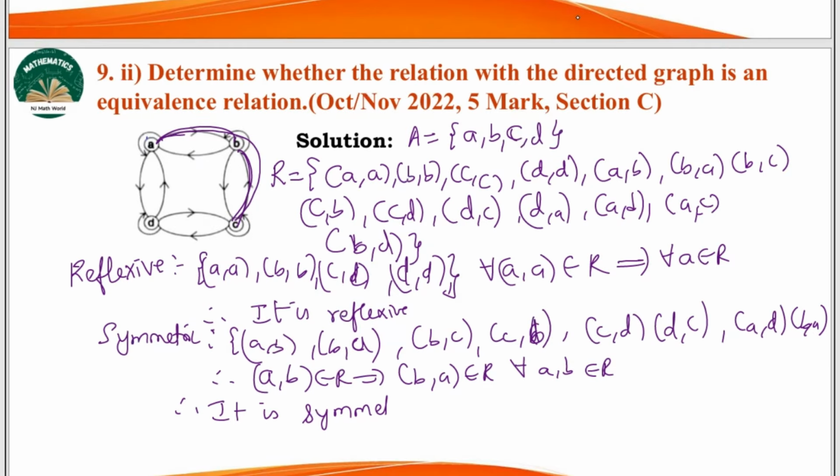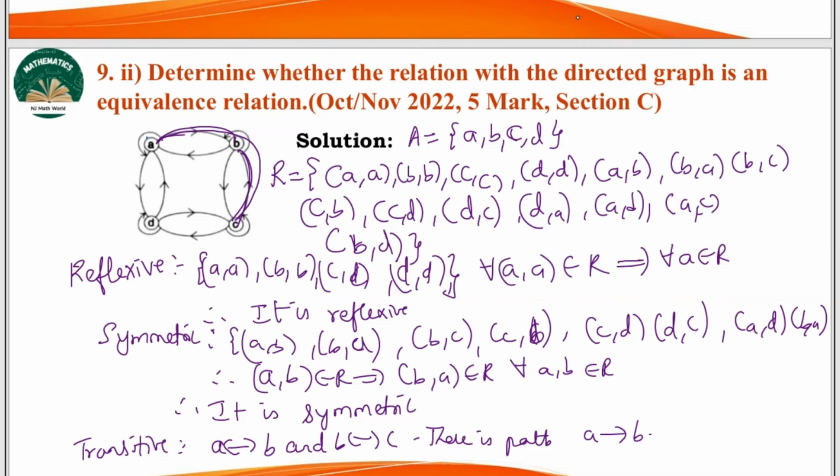So now we will find for transitive. We can prove transitive if we have a path from A to B and a path from B to C, then there is a path from A to C. That means A is related to C, even without a direct edge.